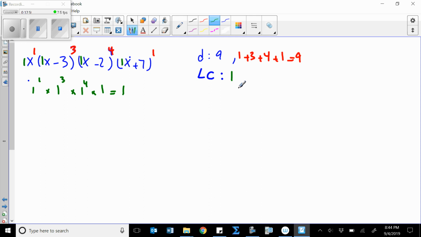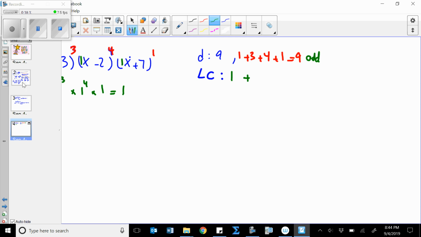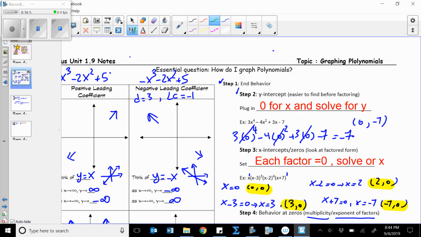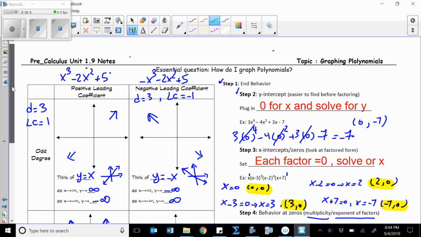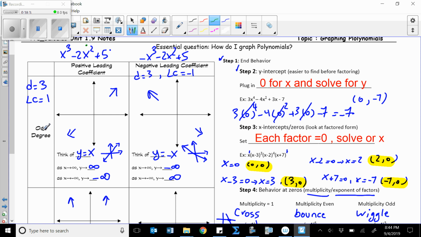So the leading coefficient is 1. Now I have an odd degree and a positive leading coefficient. This means I need to go back to my table. If the degree is odd and the leading coefficient is positive, then I have to remember y equal to x.